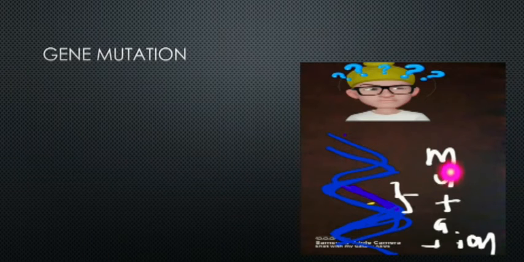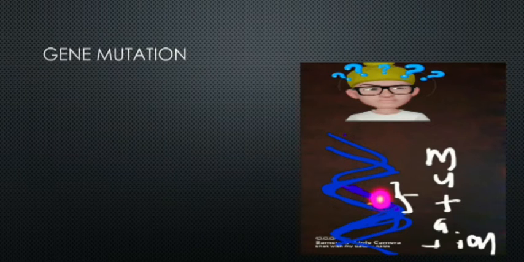The mutation means, you know that all human beings or all individuals have DNA, and the DNA governs the characters. What type of characters are present in that human being or individual is only because of the genes present, which govern that character.